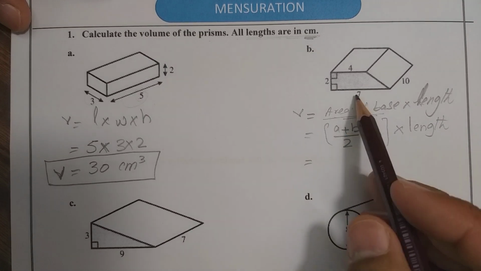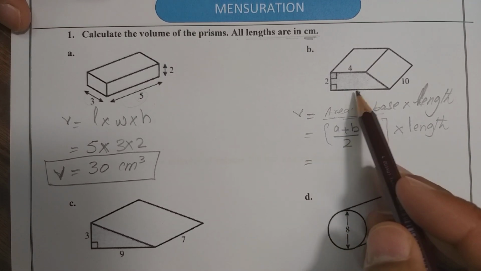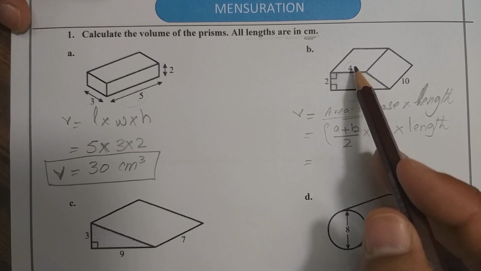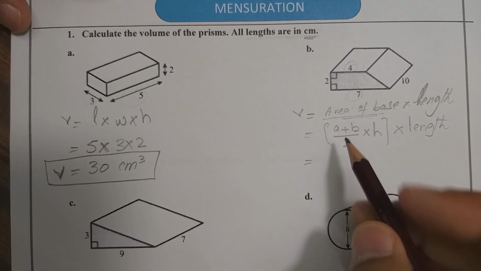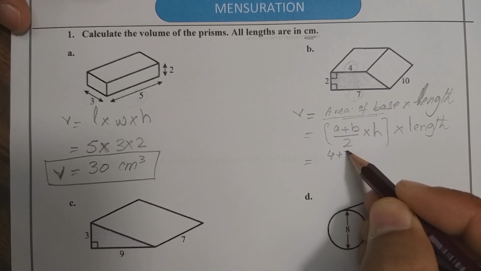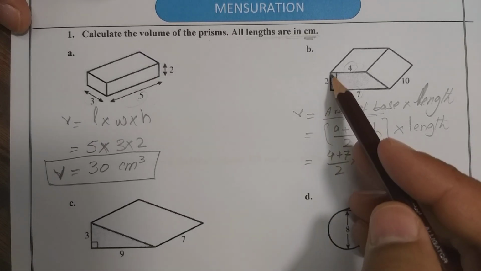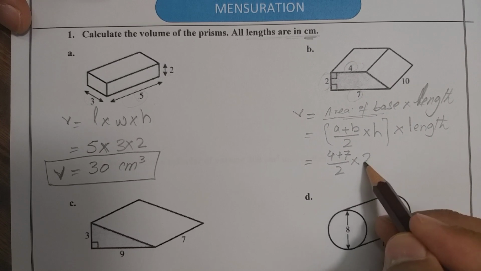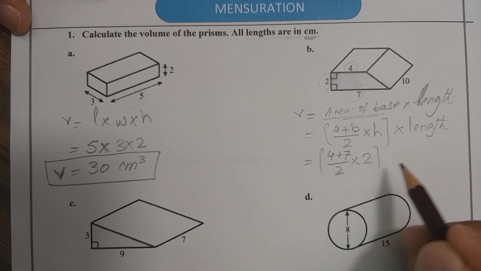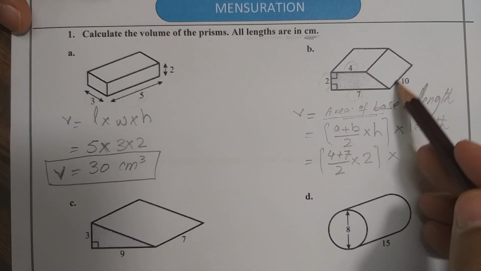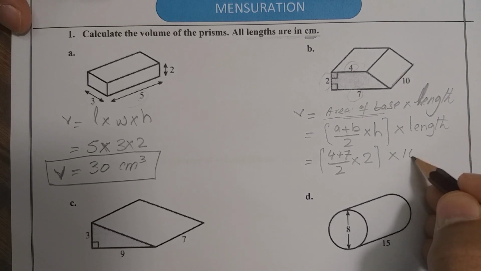So we know that a and b are base 1 and base 2. These are the bases of this trapezoid. So 4 plus 7 divided by 2, times the height of this trapezoid, which is 2, and the length of this trapezoid is 10.